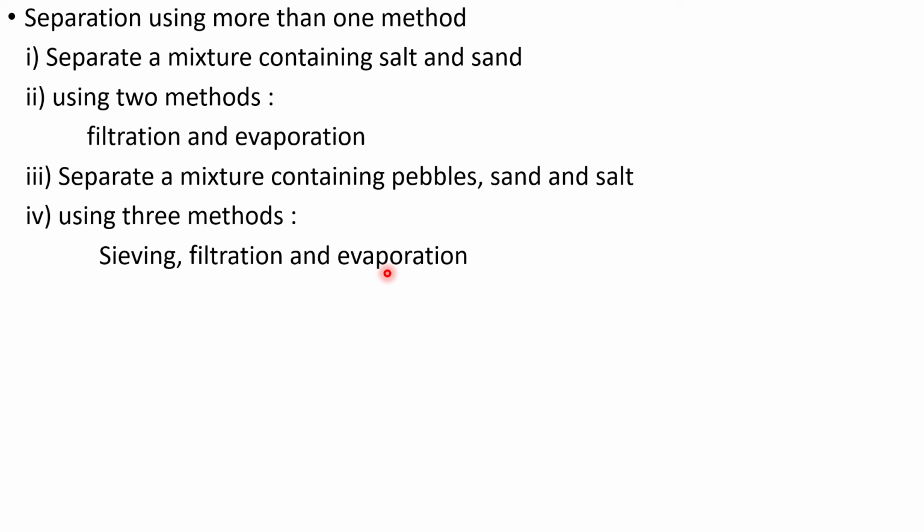And we saw at last a few interesting examples in which, for these kinds of mixtures, we require more than one method to separate. So this was all about methods of separation. In the next lecture, we will look at a few topics regarding solubility.